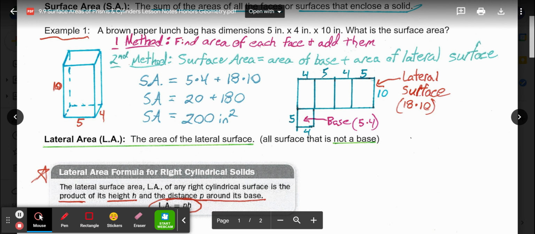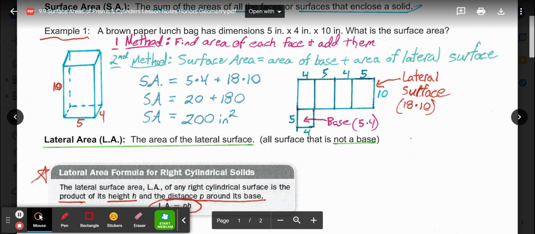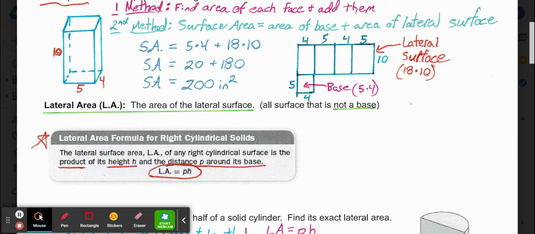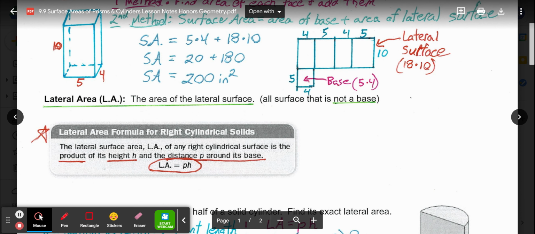In that second method, we're using our lateral surface, so we have something known as lateral area. The lateral area is the area of the lateral surface. So what is our formula for the lateral area?